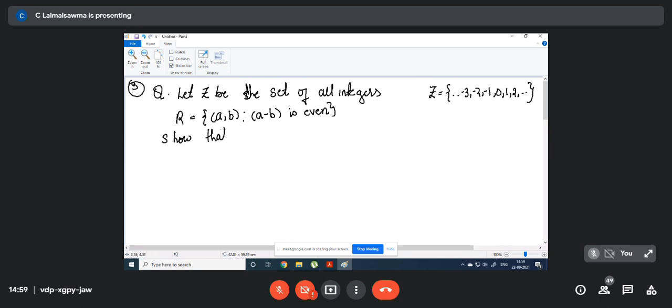It looks difficult, but if you pay attention, it is not that difficult. Is R an equivalence relation in Z? Now, proceeding as before, first we check reflexivity.